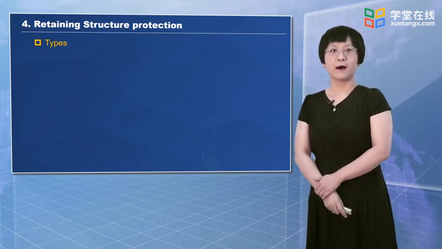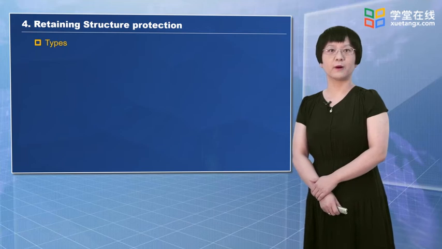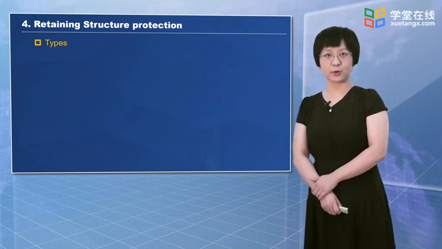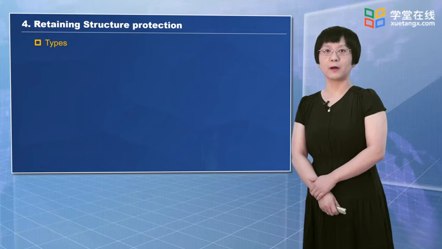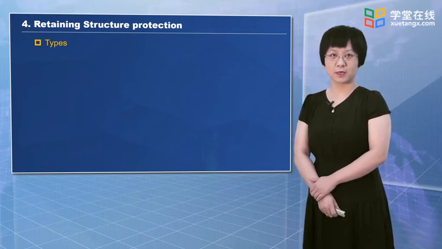In order to support subgrade fill or keep the cut slope stability, the retaining structure protection is built to prevent deformation and instability of slope.